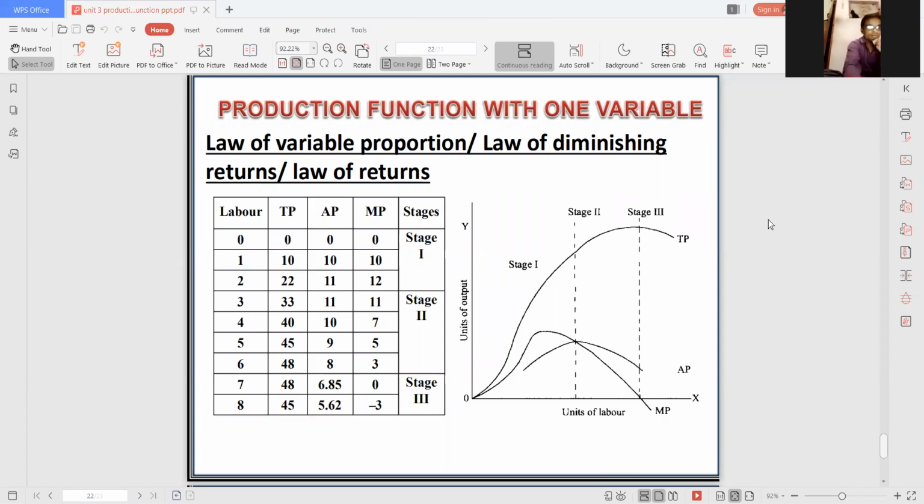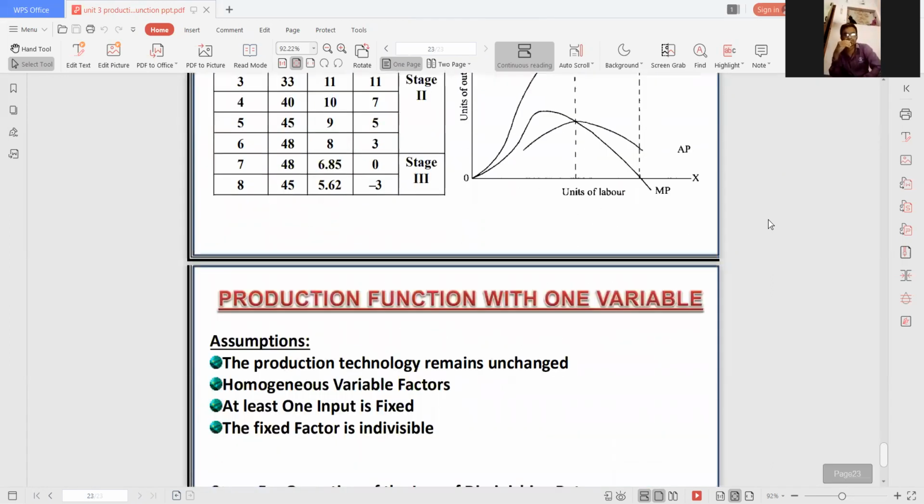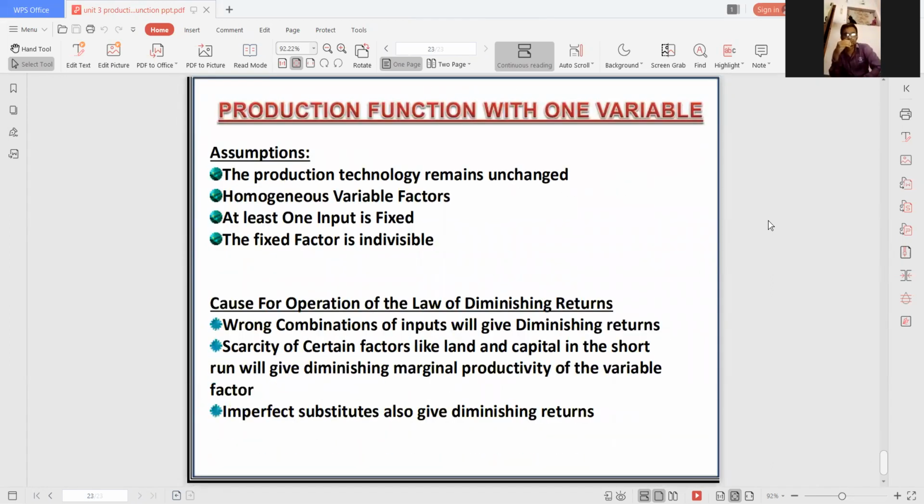Now, production function with one variable, assumptions. The production technology remains unchanged.